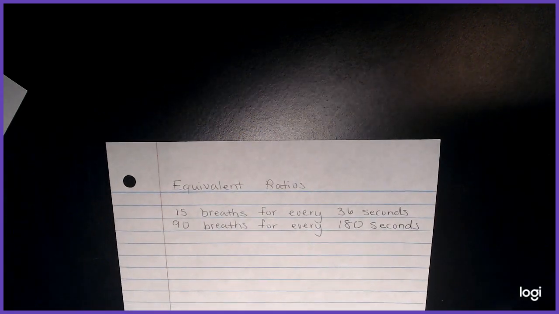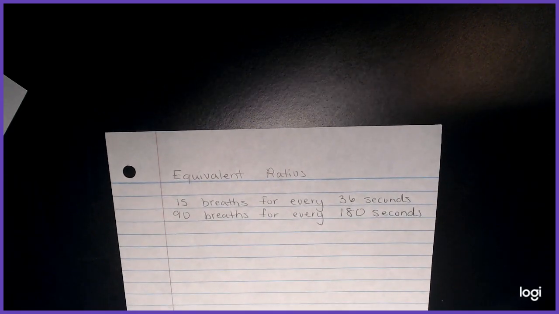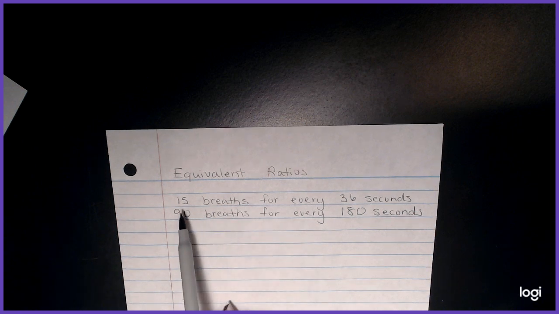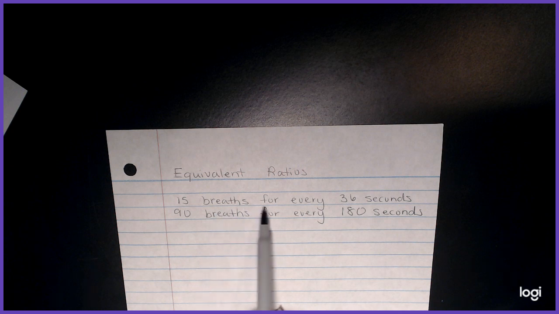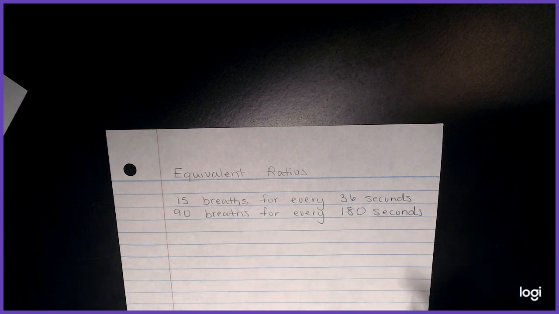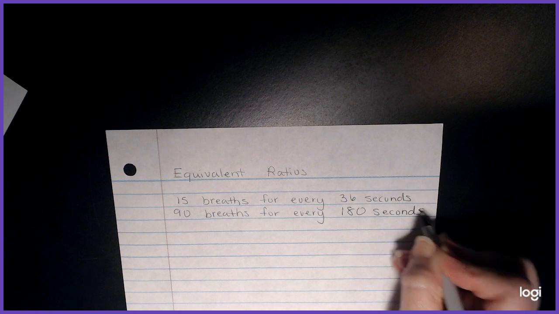Okay, let's look here at one more thing called equivalent ratios. Okay, one more time a review. If I gave you these two situations, 15 breaths for every 36 seconds and 90 breaths for every 180 seconds, are these two equivalent ratios?